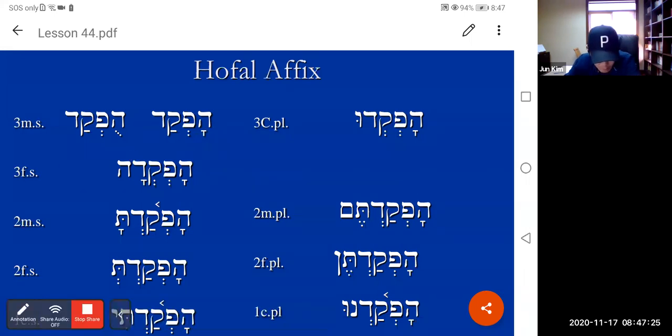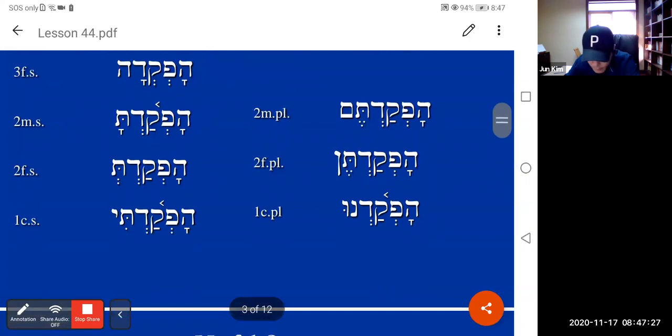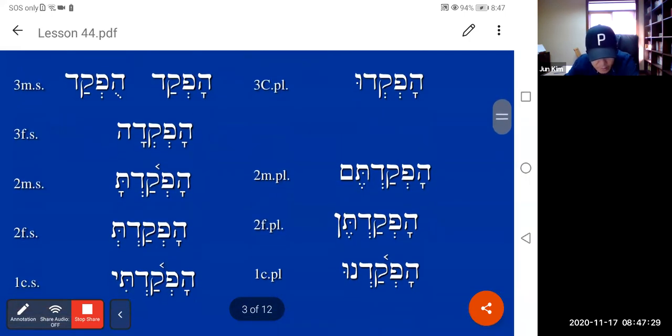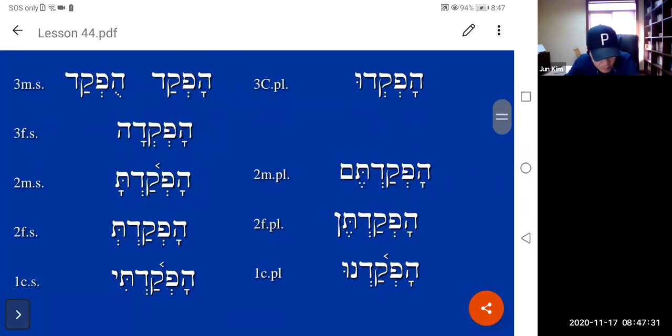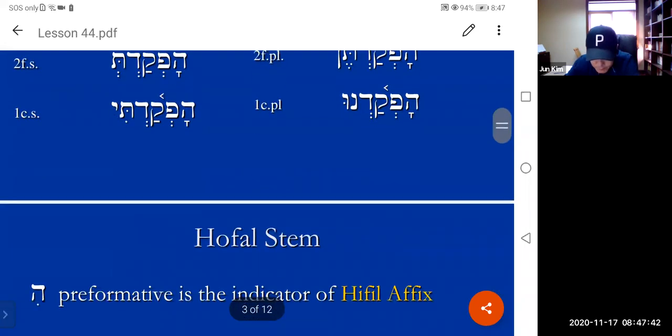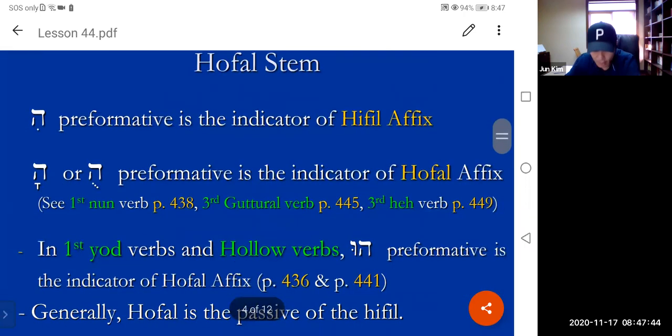Okay, let's move on. As you can see, it takes all the fixed pronouns a, ta, tu, ti, u, tem, nu together with preformative Ho. Is that clear? Yes.